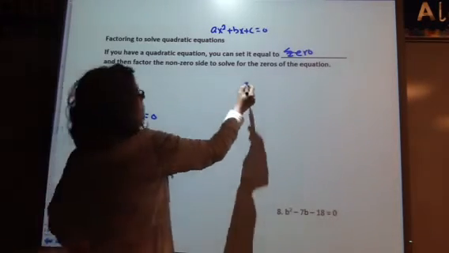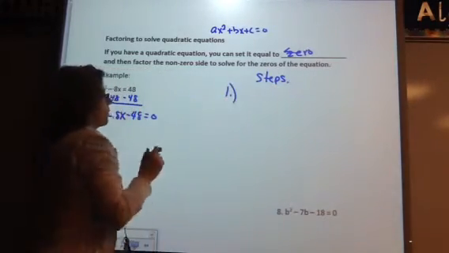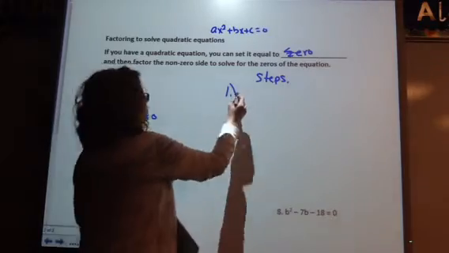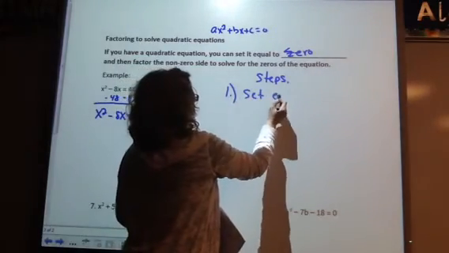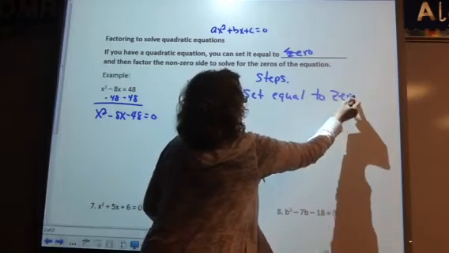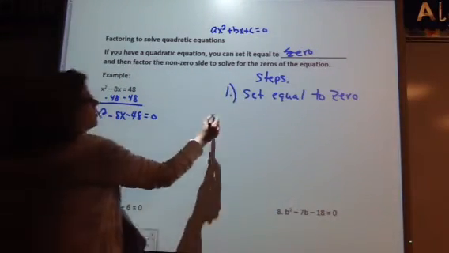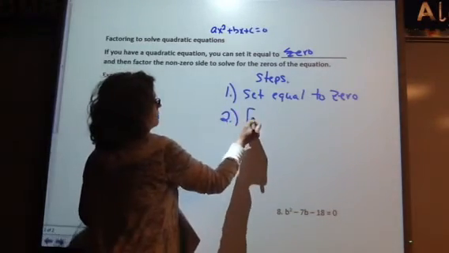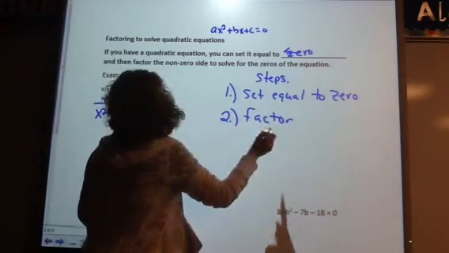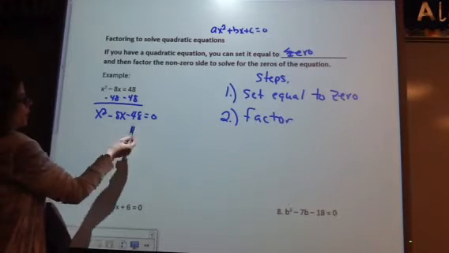Okay? So over here, I'm going to write the steps for you. Then the second step would be to factor it. And let's see, we need to look for a greatest common factor.